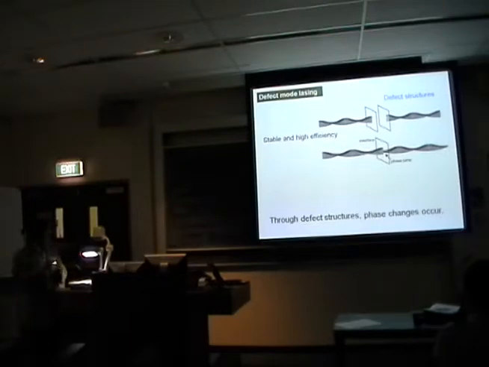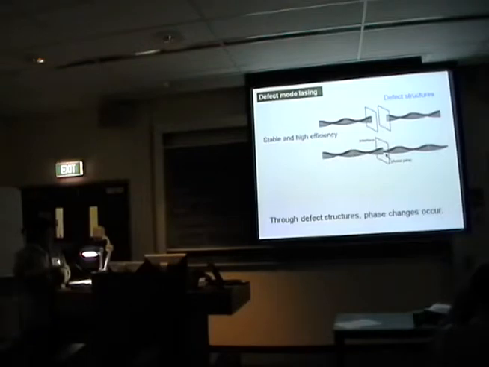As I briefly told you, there are several kinds of defect. One of the defects is given by this kind of phase jump. See, here is the continuous helical structure, but the phase changes by 90 degrees here.